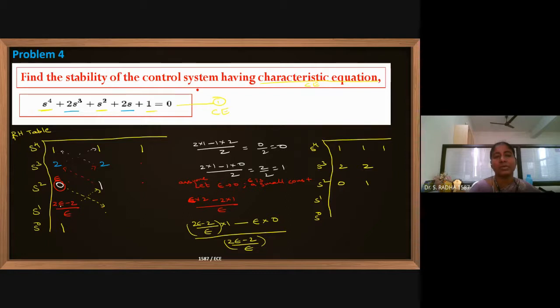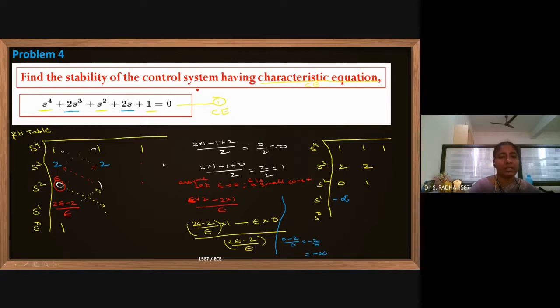Let me write the calculation. It is 0 minus 2 by 0, which means minus 2 by 0, which means minus infinity. Here I will write minus infinity is the value.